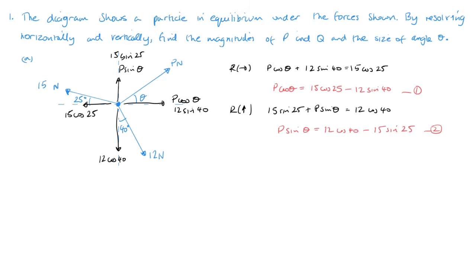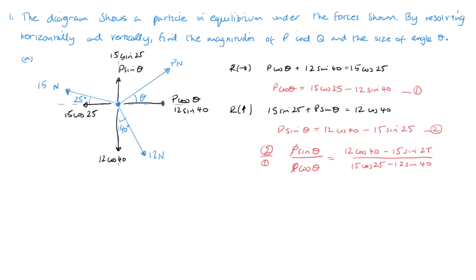We'll call that equation 2. Now I just do equation 2 divided by equation 1. So P sine theta over P cos theta, and 12 cos 40 minus 15 sine 25 over 15 cos 25 minus 12 sine 40.